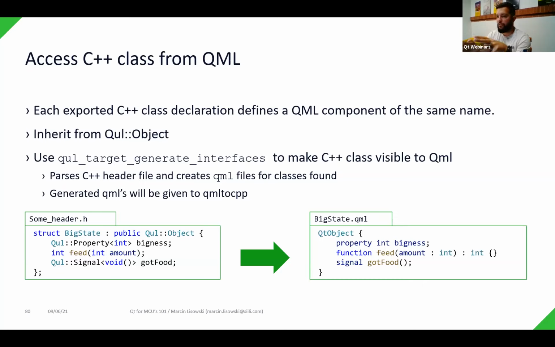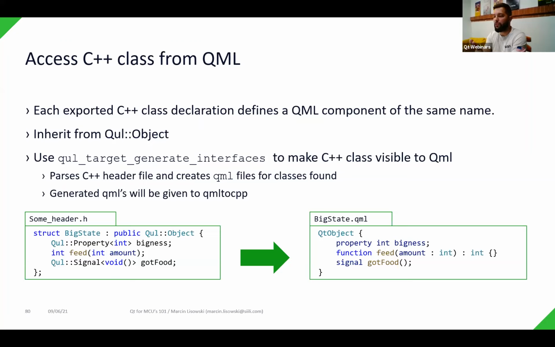So if you have a header file that you are going to expose to QML, it will internally in the build process translate this header file to the QML file that is a mirrored class from the C++ to QML.